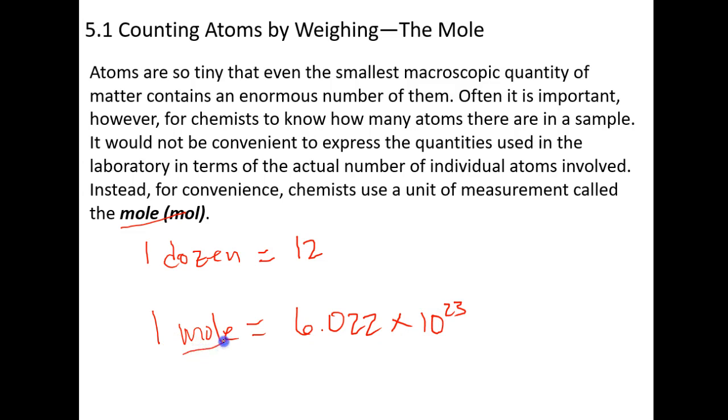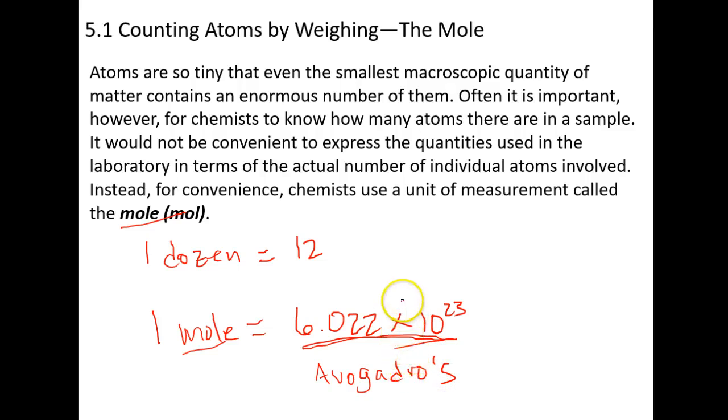That's all a mole implies. It's this many of them. It doesn't matter if it's a mole of quarters, if it's a mole of shoes, if it's a mole of atoms. When I say the word mole, it implies this number right here. And this number is Avogadro's number. Avogadro was a scientist in the 1700s, and basically they gave him the name because he kind of, in a way, came up with it.